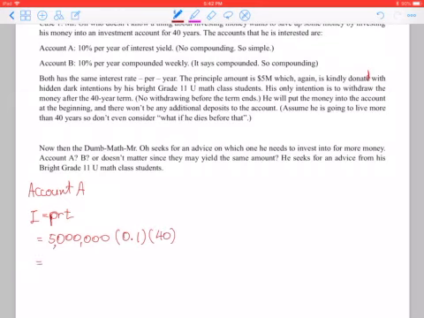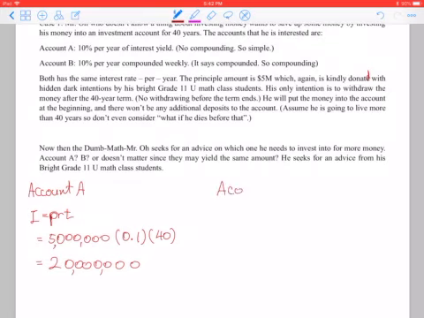Now using this calculation, I get 5 million times 0.1 times 40. So I get, how many zeros? I get $20 million as an interest. Okay, that's interesting.